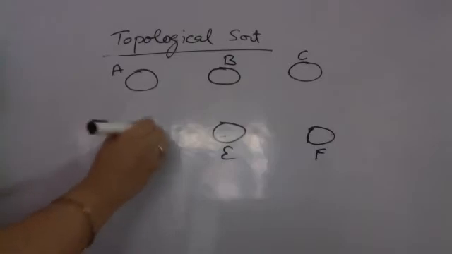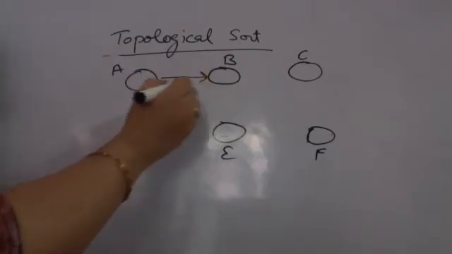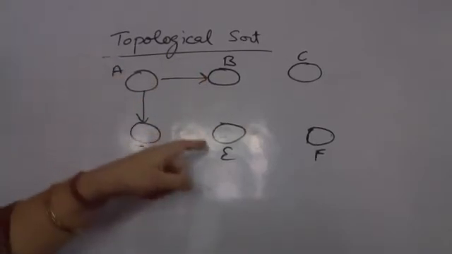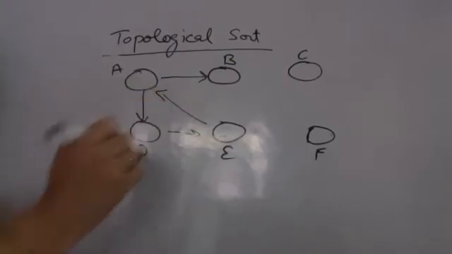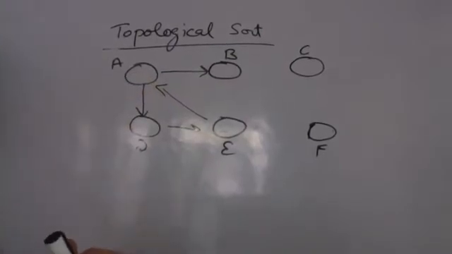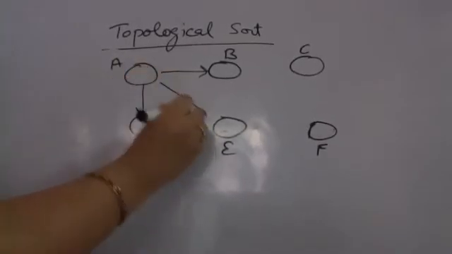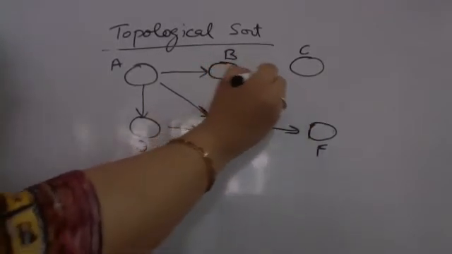And then I will be drawing the nodes. In case this is connecting to this, connecting to this, and this is, in case it is a cycle, topological sorting is not possible. So I will not be doing that. In case it's a cycle, topological sorting is not possible. Please make sure that it is not a cycle.